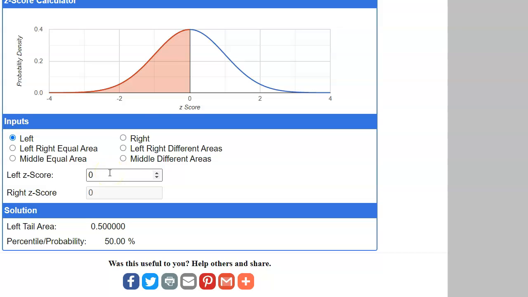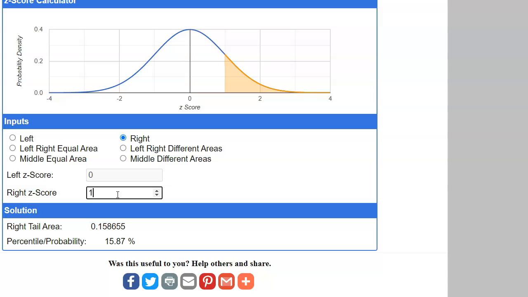Obviously a z-score of 0 is going to give us 50%. I can also look at scores when I'm interested in the right side, and it would prompt me to put the value in this box. When I click on the right, it's automatically at that 0, and so it's still that 50% that we just saw in that table.